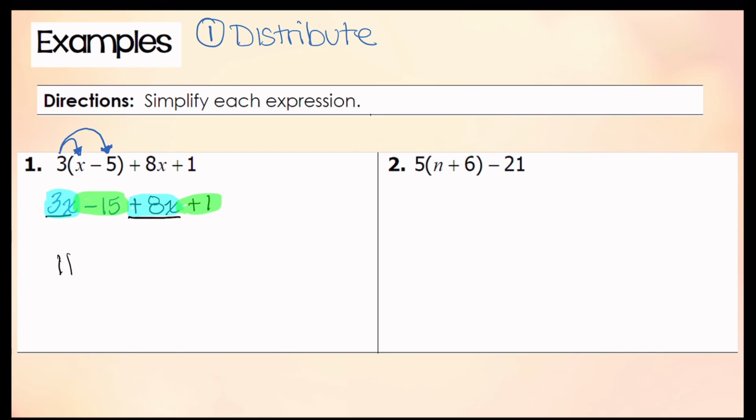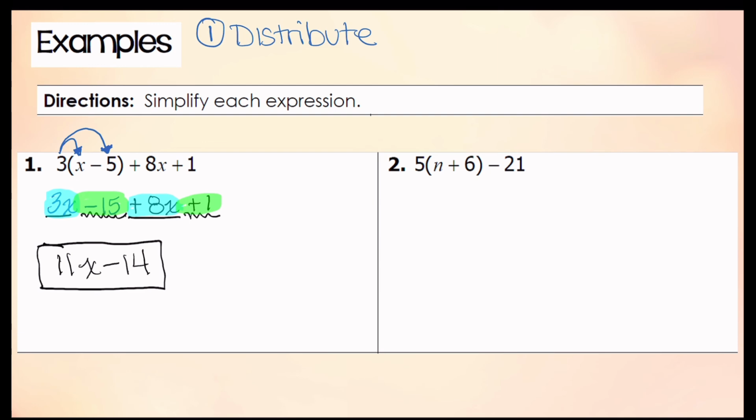Gives me 11x. Then I have a negative 15 plus 1. That gives me negative 14. So I write negative 14. How do I know I'm done? Okay, parentheses. Nope, they're not there. Here is one variable term. Here's one constant term. This, ladies and gentlemen, is my answer.